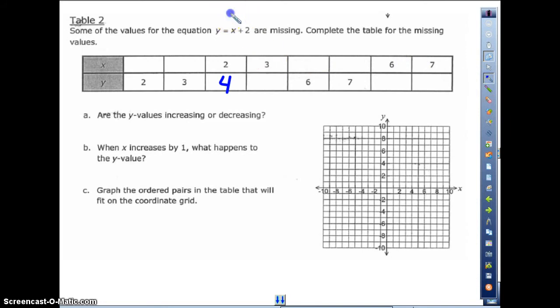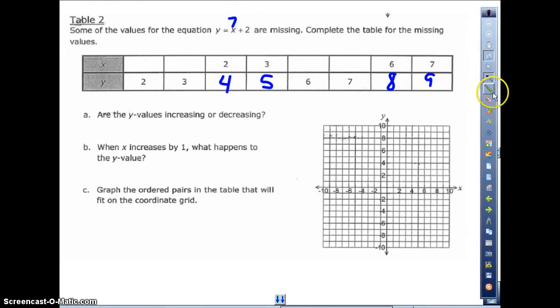I'm going to plug in 3. 3 plus 2 is 5. They gave me an x value of 6. 6 plus 2 is 8. And they also gave me an x value of 7. And 7 plus 2 is 9.